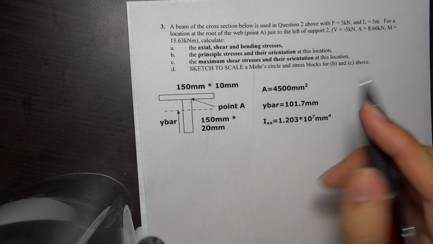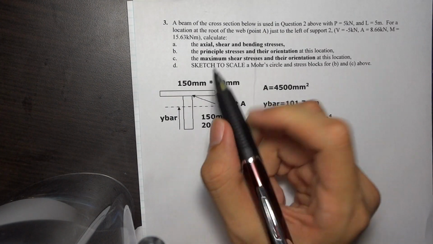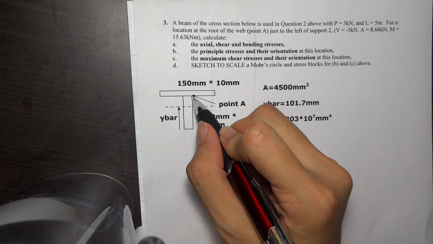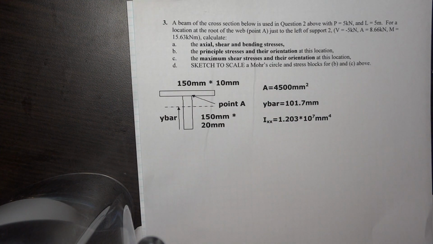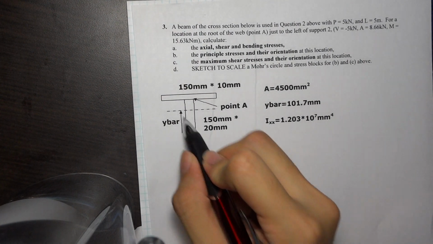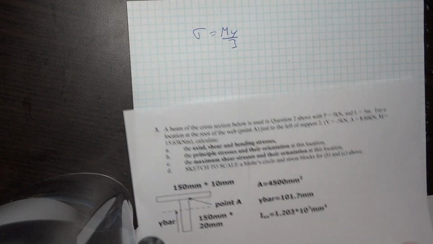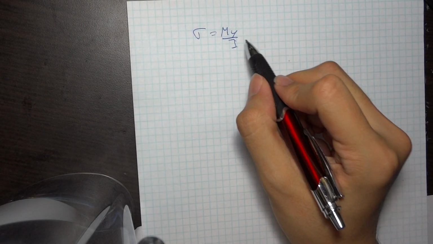This y bar here represents the neutral axis, and you're interested in the distance from here to here. If you want that, I'll just give that to you because it's very easy to calculate. It's just 150, the dimension of this, minus y bar. So that is the y you should use here.